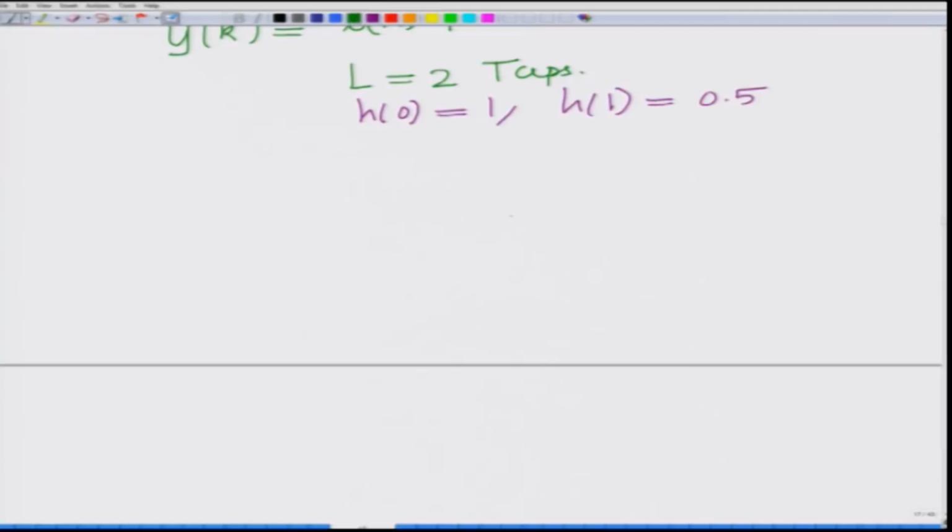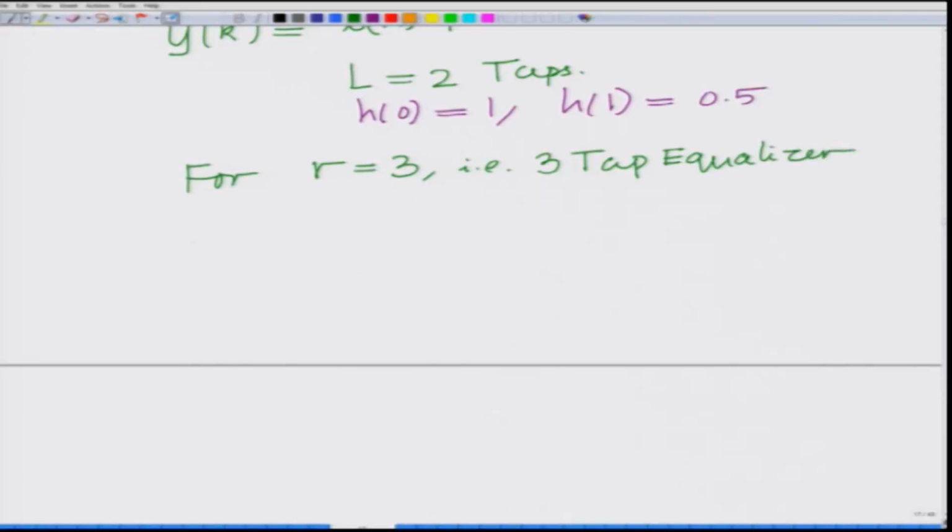error for this. So, we have L equal to 2, for R equal to 3, that is our 3 tap equalizer.